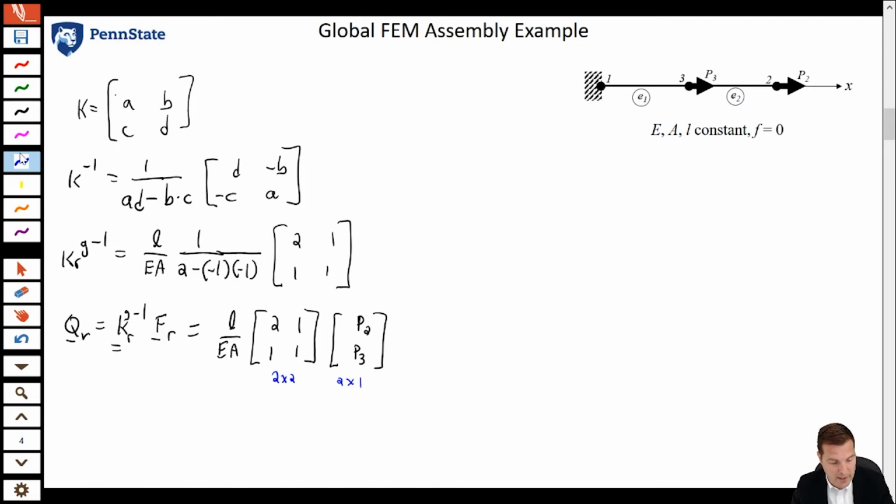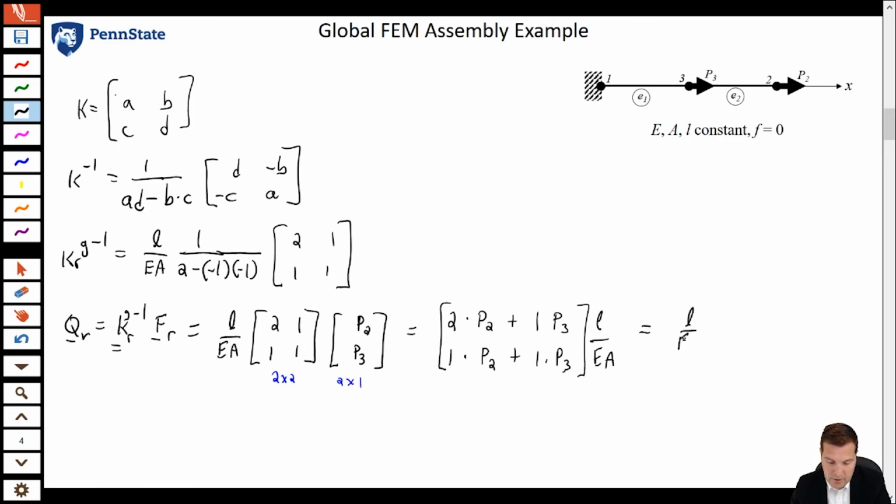So if we multiply that out, it's going to be equal to 2 times P2 plus 1 times P3, and 1 times P2 plus 1 times P3, all times L over EA, which simplifies to L over EA, 2 times P2 plus P3, P2 plus P3.